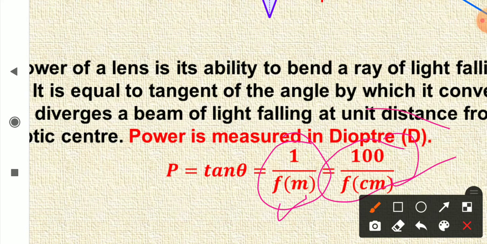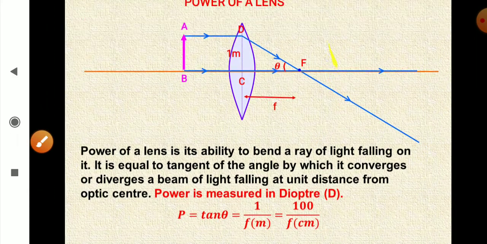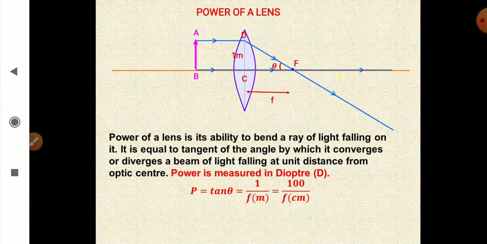Now the unit of power is the diopter, though it is dimensionless because it is a ratio of distances, or it is an angle. So it is dimensionless, but its unit is diopter, represented by capital D, and the power of a convex lens is positive and the power of a concave lens is negative.